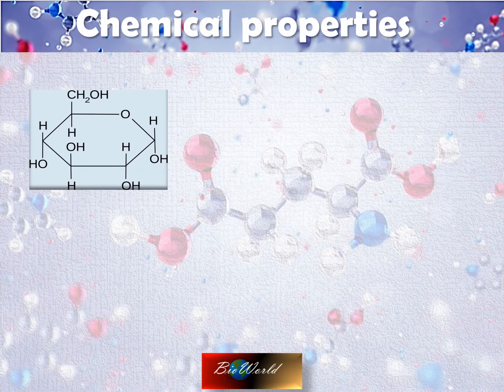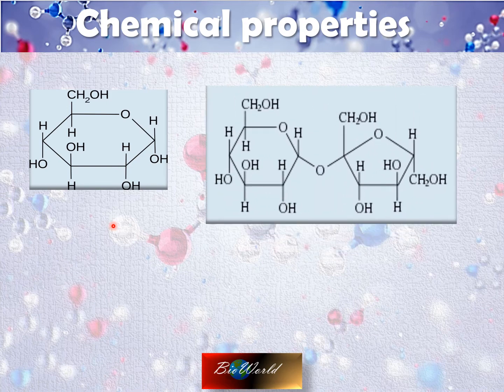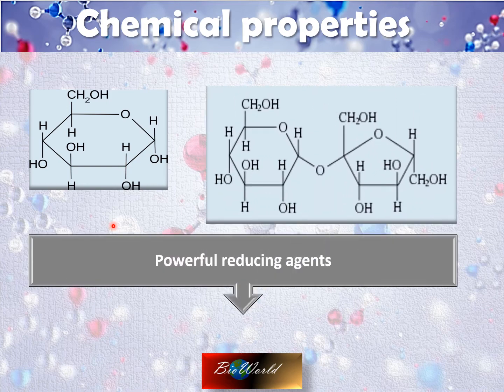Since both monosaccharides and disaccharides are polar, they are very powerful reducing agents, meaning that they are able to donate electrons.